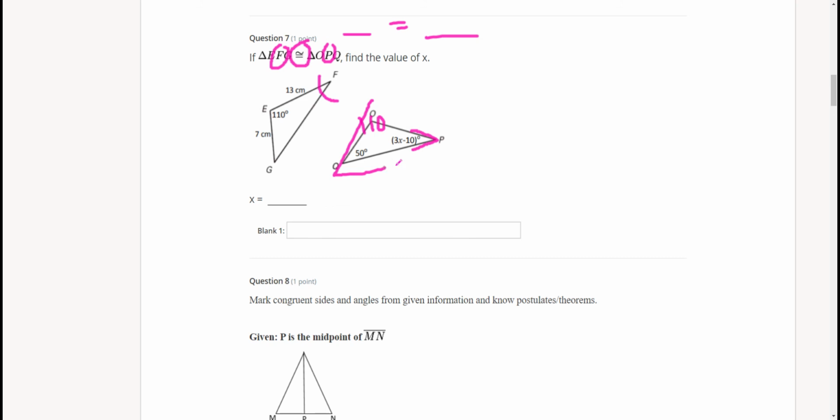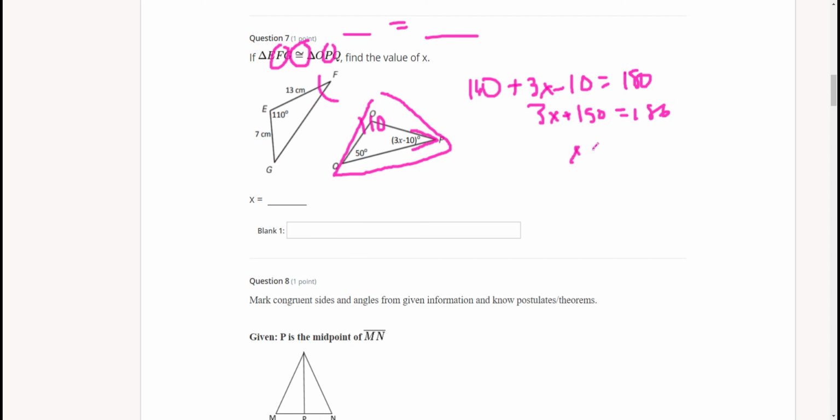What do I know about the 3 corners of a triangle? They add to 180. So I can do 160. I just added 110 and 150 because I'm lazy. And then minus 10 equals 180. So 3x plus 150 equals 180, and x equals 10, maybe?